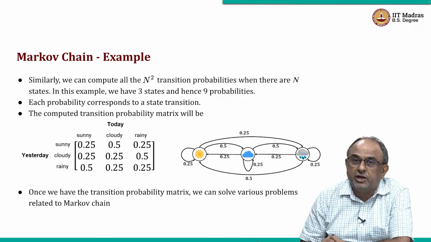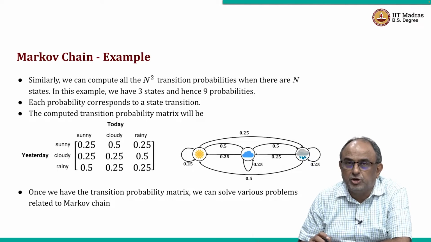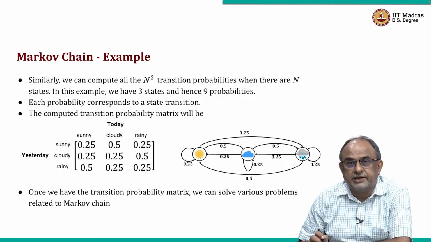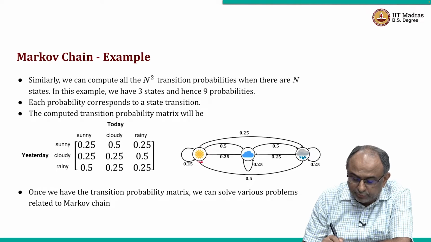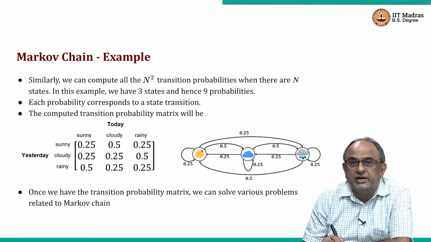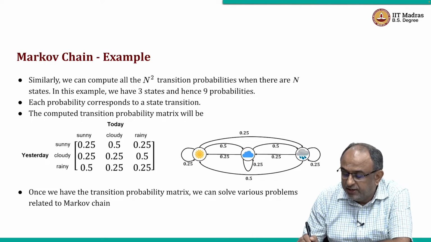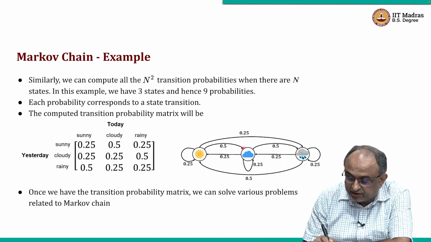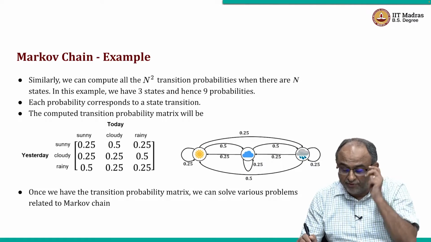Many terms are used in many scenarios, and the terminologies can be slightly different, but the ideas continue to be the same, okay. So, for example, if I draw pictorially, there is a sunny state, there is a cloudy state, and there is a rainy state. Now, this picture captures everything.